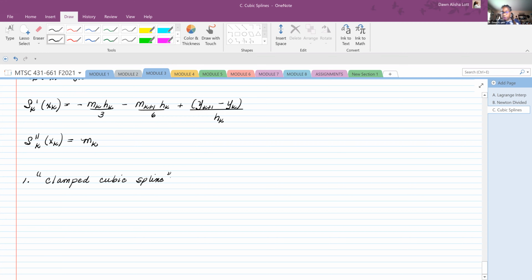So for a clamped cubic spline, you need to specify S0 prime at X0 and Sn minus 1 prime at Xn.